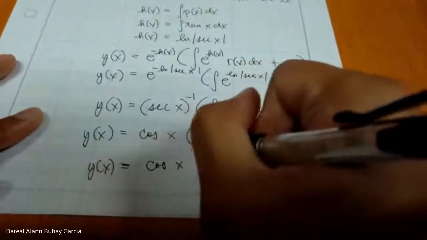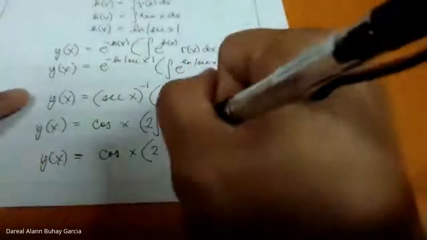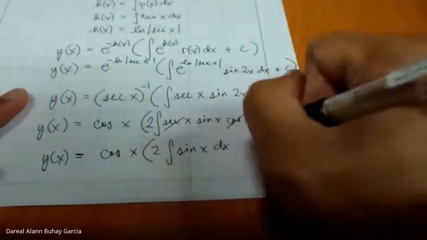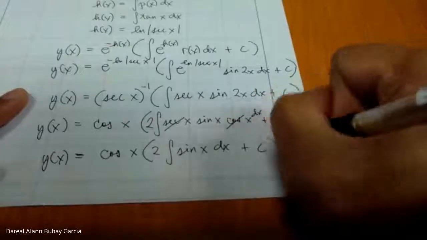Cosine x to the integral of sine x dx plus c. The integral of sine is negative cosine.